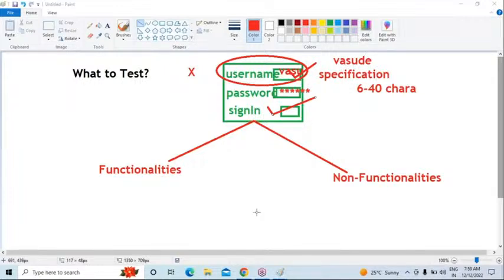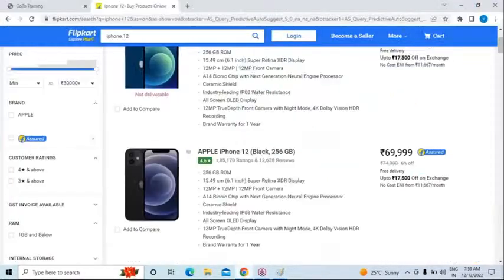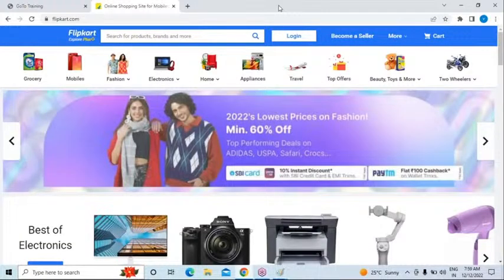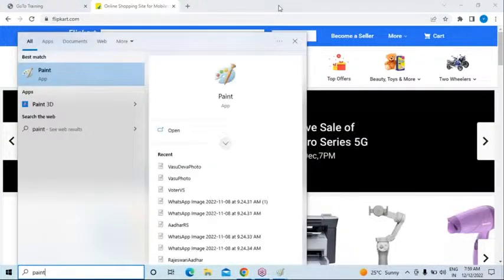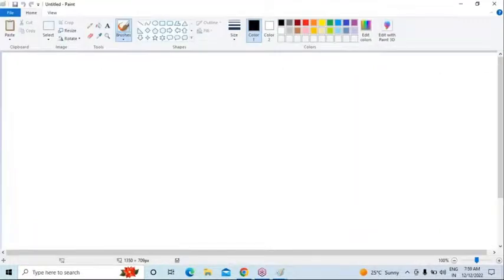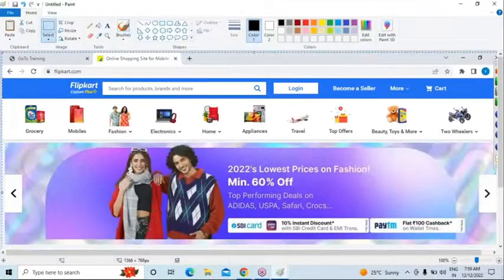So what to test here? For example, let's move on to Flipkart. What things come under Flipkart? What are the functionalities related to Flipkart? Here, the login is one functionality. We need to test whether it is working or not. Become a seller is one functionality. We need to test if it is working or not.